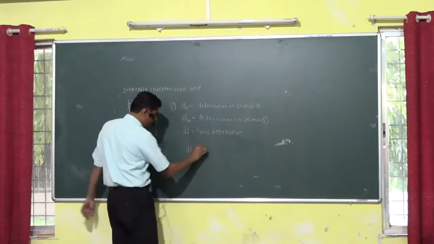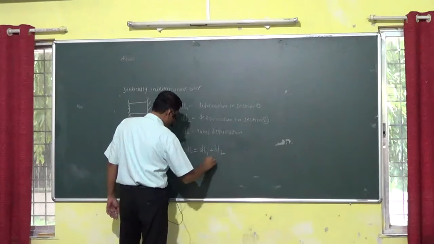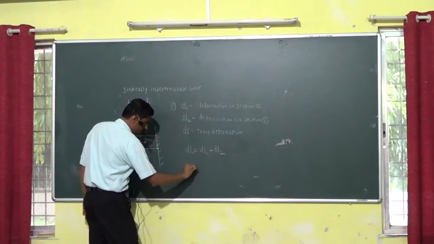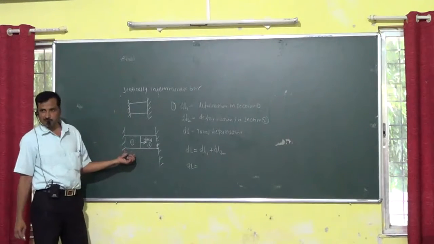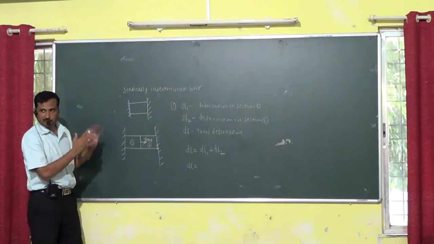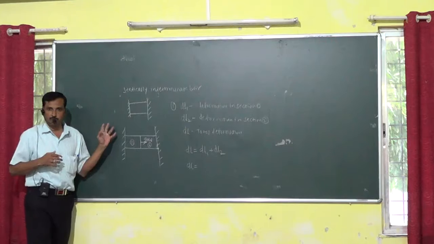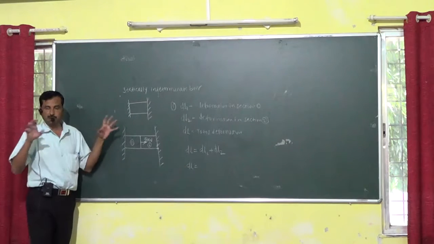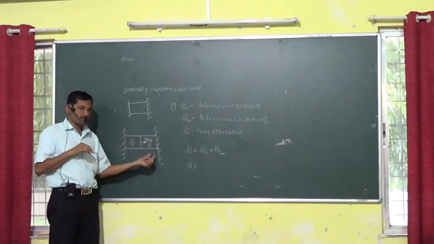So dl1 plus dl2. But what could be the value of this dl? What will be the total deformation? As the case is statically indeterminate bars and as it is restricted from both the ends, no any kind of deformation for total bar is allowed, then what will be the value of dl?